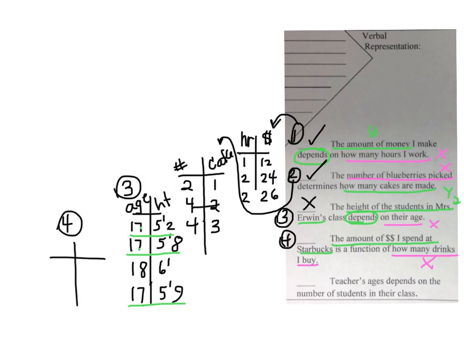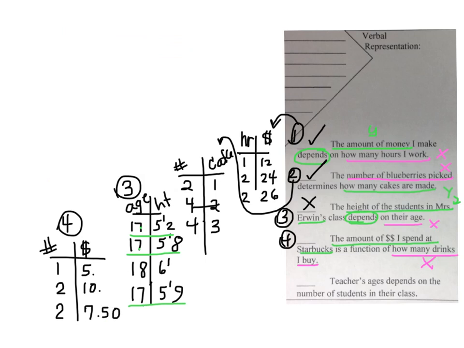And we're going to again make a table to see if this is a function or not. So the money I spend depends on the number of drinks. Okay? So let's see. I buy 1 drink, I spend $5. I buy 2 drinks, I spend $10. I buy 2 drinks. Well, I could buy 2 drinks and it could be, I don't know, $7.50 because I bought a small drink.